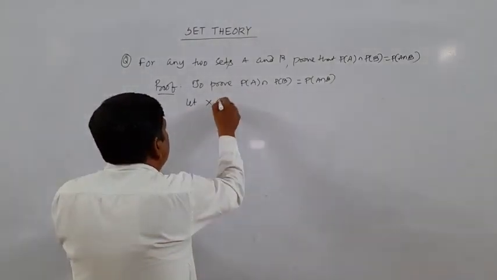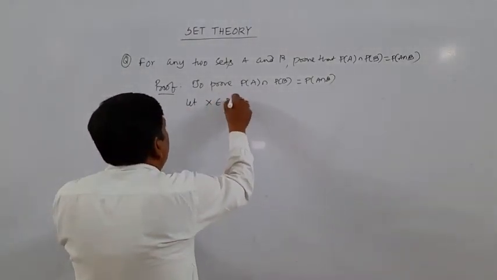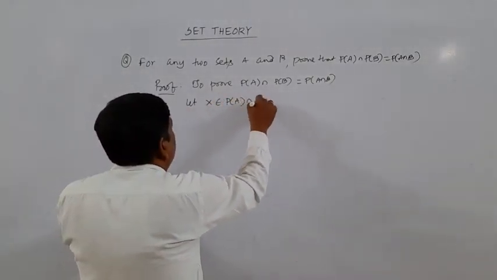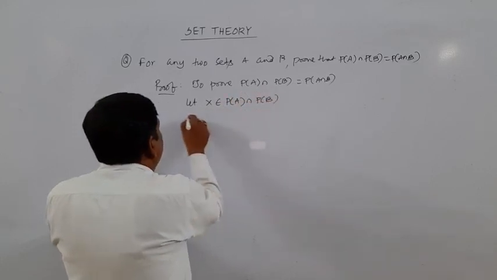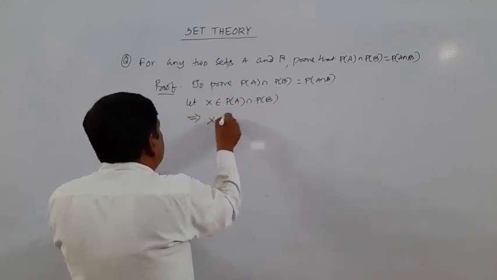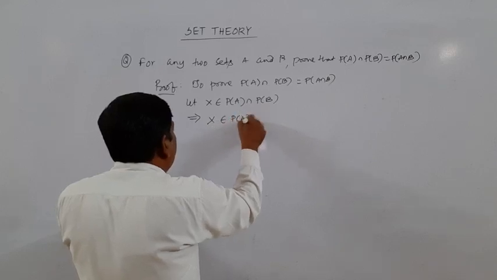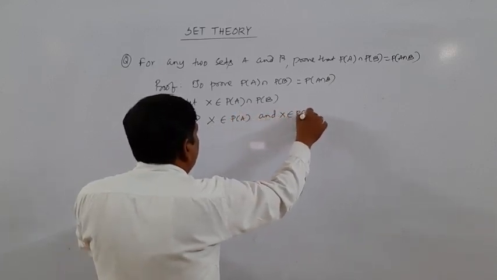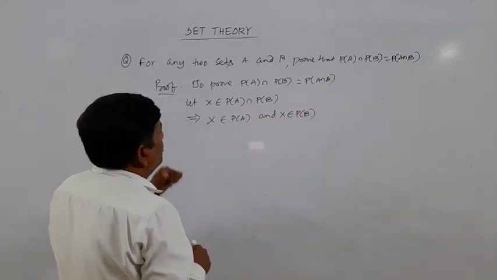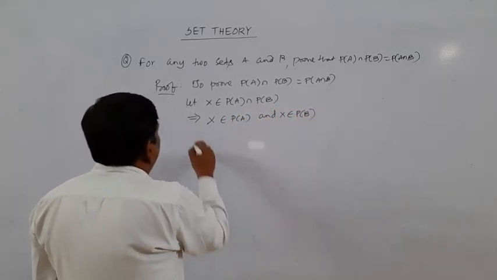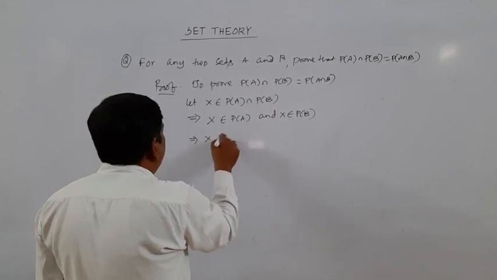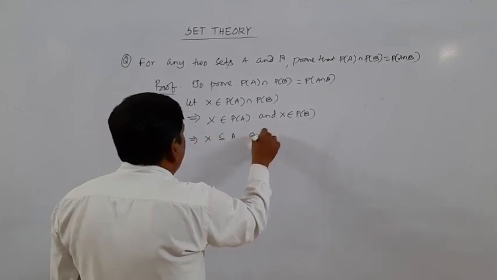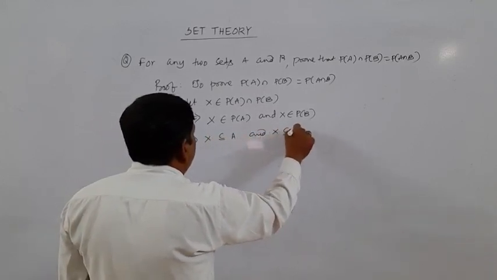So capital X belongs to P of A intersection P of B. That implies X belongs to P of A and X belongs to P of B. If X belongs to P of A, then X is a subset of A, and X is a subset of B.